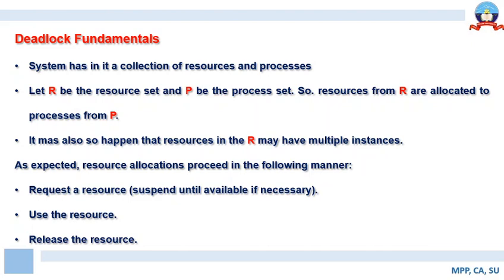This is the first activity performed by a process wanting to utilize a resource: it has to request the resource. Based on the availability of the resource, whether it is free or not, suitable decisions are made whether to keep a process pending or to let it perform its desired behavior.